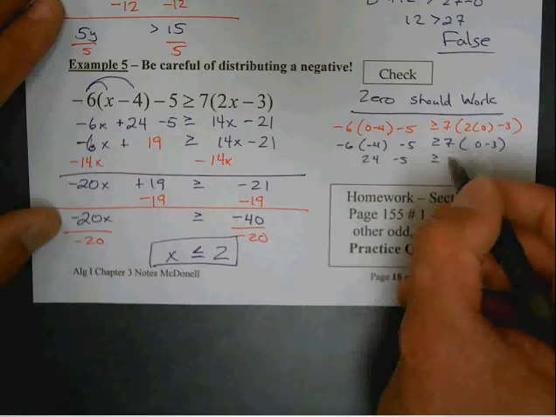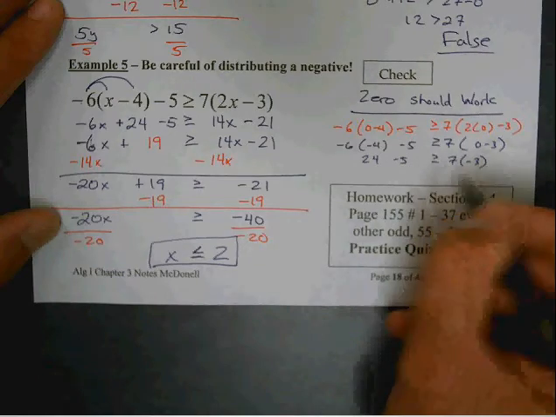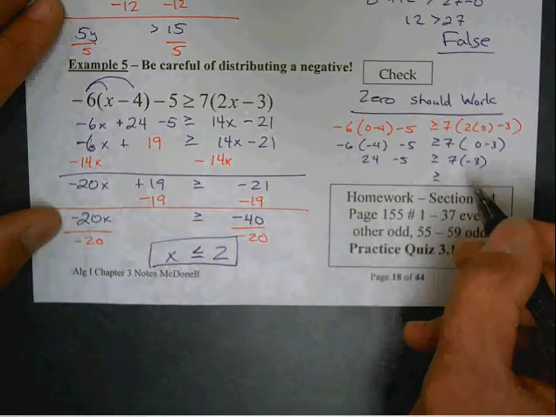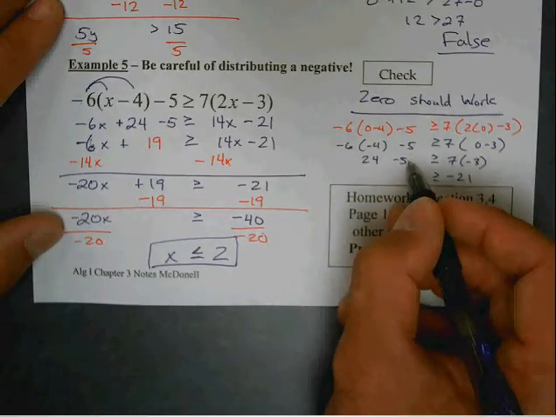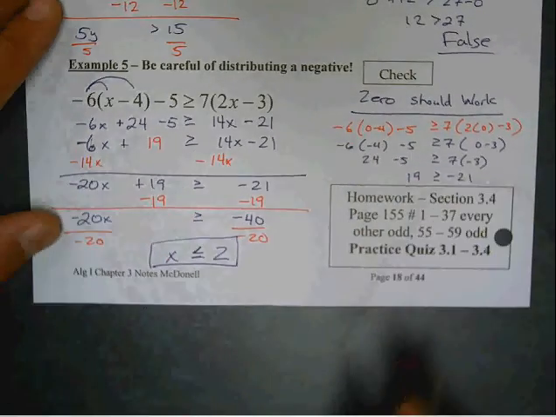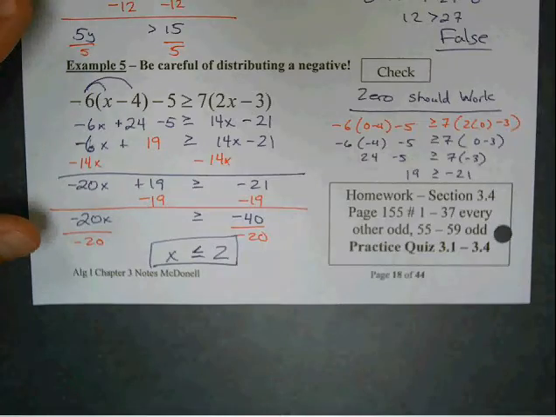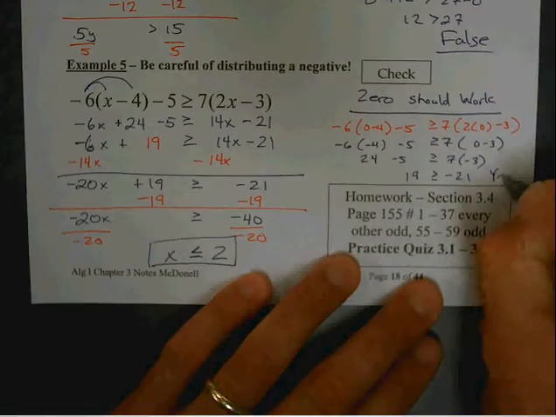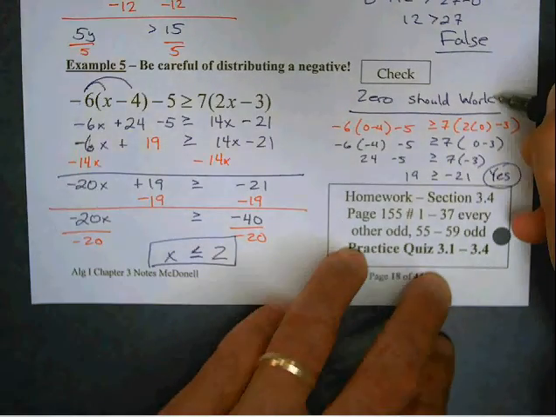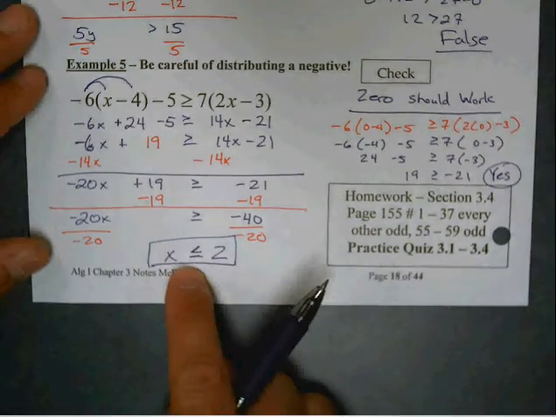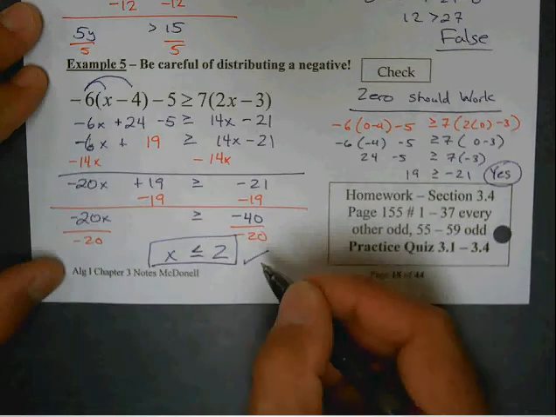And what's 7 times negative 3? Negative 21. 24 minus 5 is 19, greater than negative 21. So the fact that that's a yes, is that okay? Yeah, because 0 should work. So we do have it correct. We check it off.